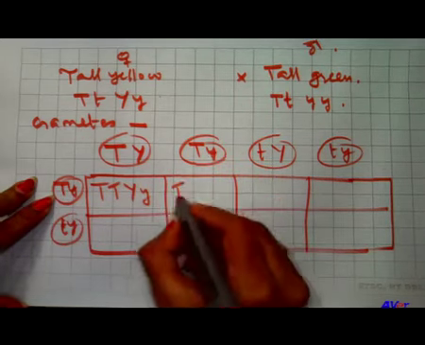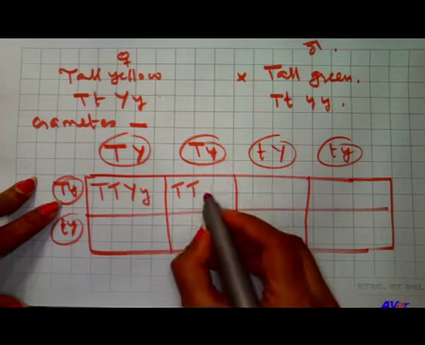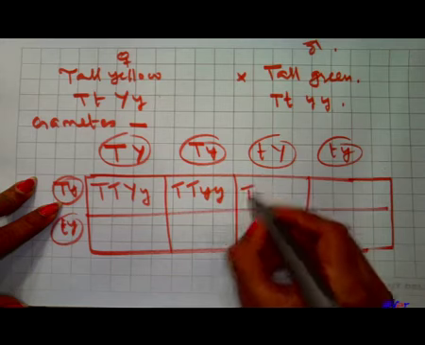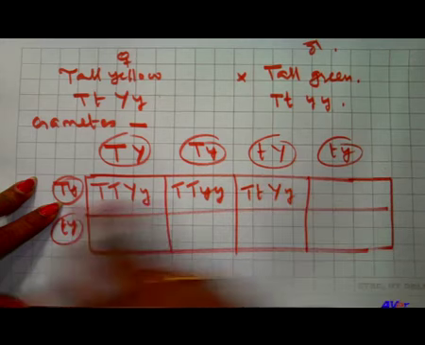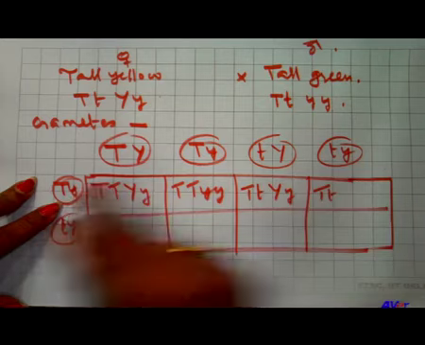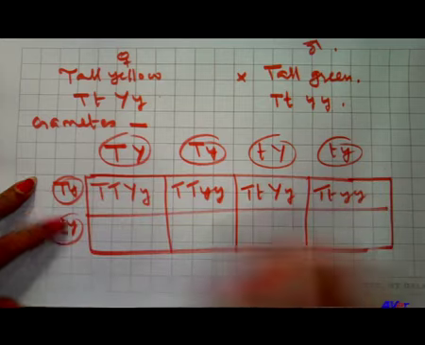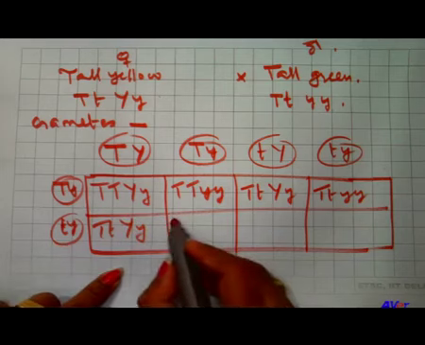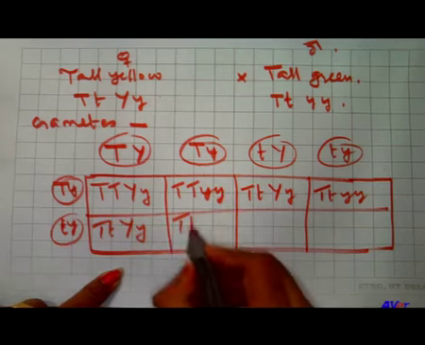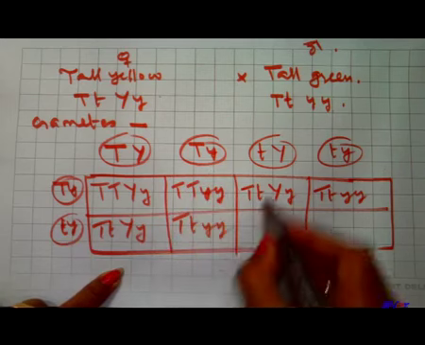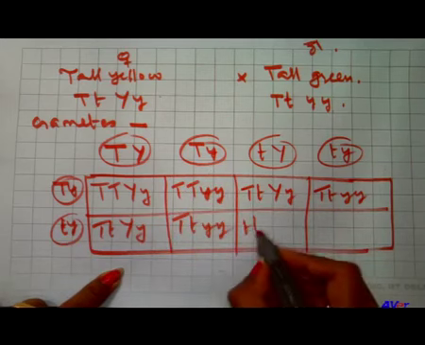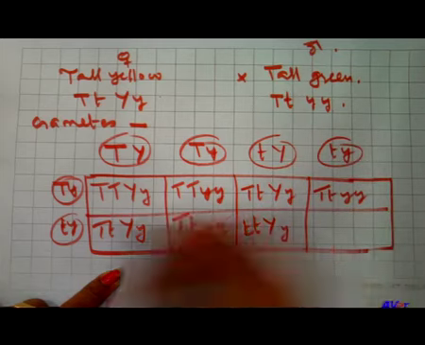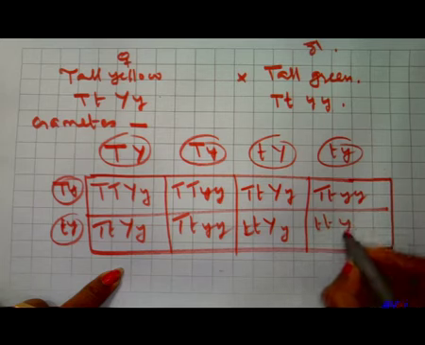These two, capital T and small y, small y. This is capital T, capital Y, small y, capital T, small t and small y, small y. These two are small t, capital Y and small y. These two, small t and small y, small y.